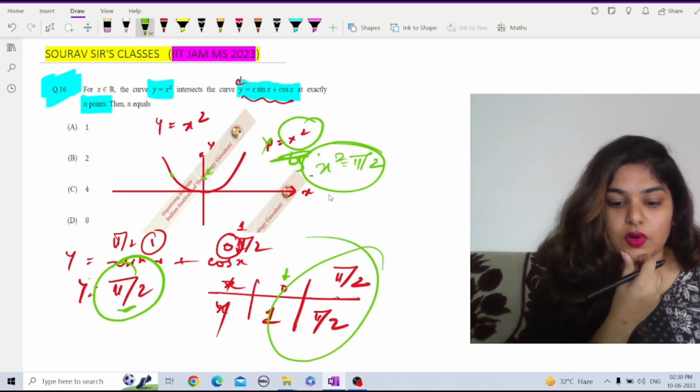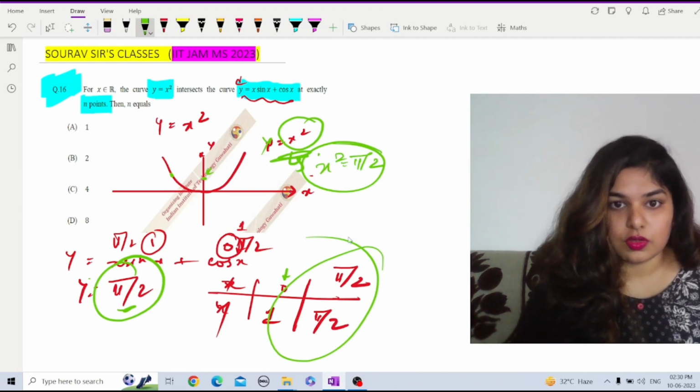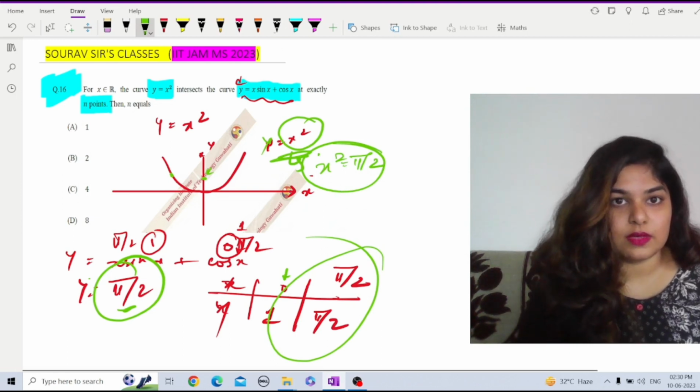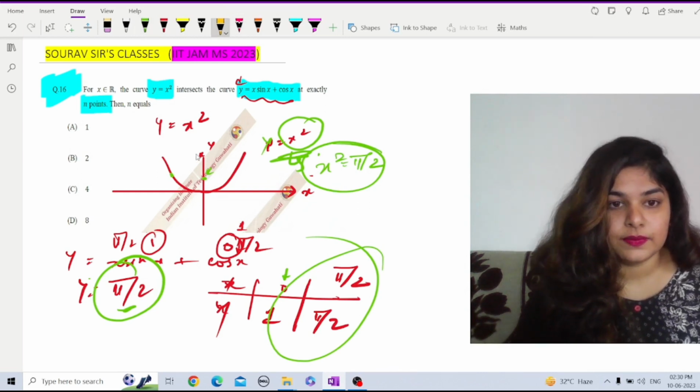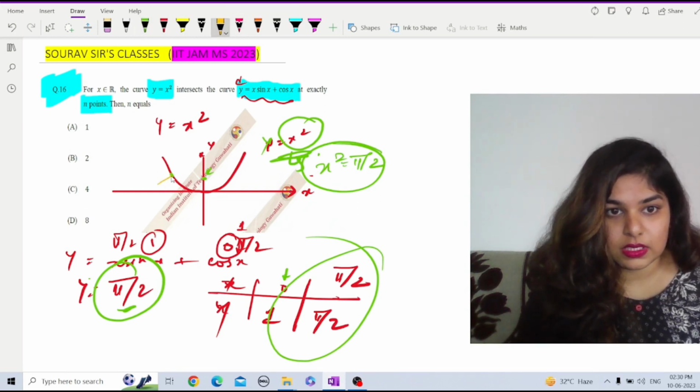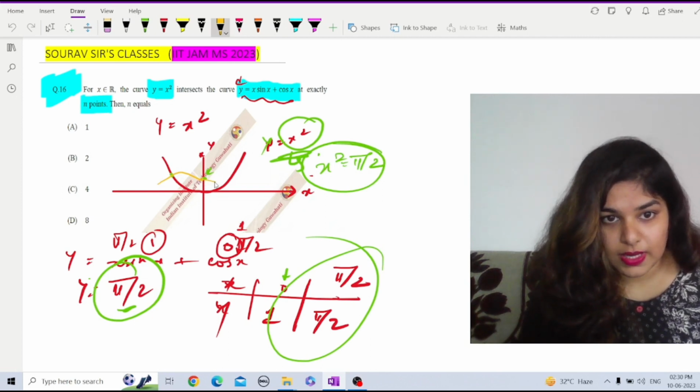So if I draw the line, let's take another color, then there will be this point and then it will intersect here, and then it will go like this, right?